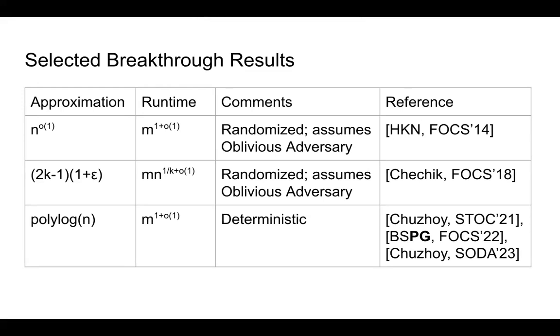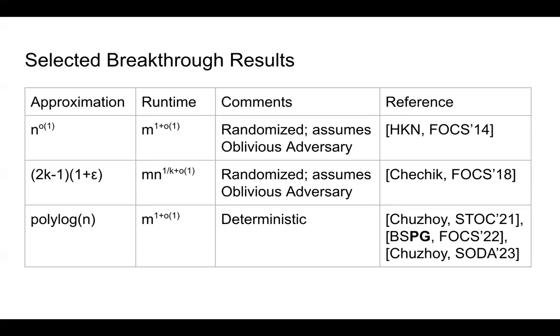There's first an amazing result from 2014, where you can get all pair shortest path with the approximation n to the little o of 1 with runtime almost near linear, so m to the 1 plus little o of 1. This was a randomized algorithm that worked against oblivious adversaries. Then later in 2018, Zurich obtained an algorithm that generalizes this much more to a different case, which is also a really interesting algorithm.